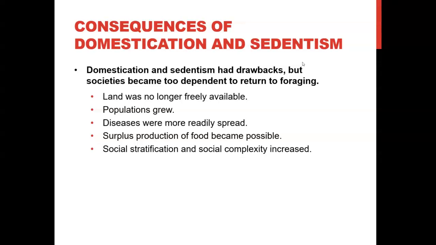It stays in your society essentially, right? And also, when you get sick, you're closer to other people, so that happens. Okay. Surplus production and food became possible. So basically, more food than you needed became possible. And finally, social stratification, which again is just social categories, and social complexity increased. Okay.